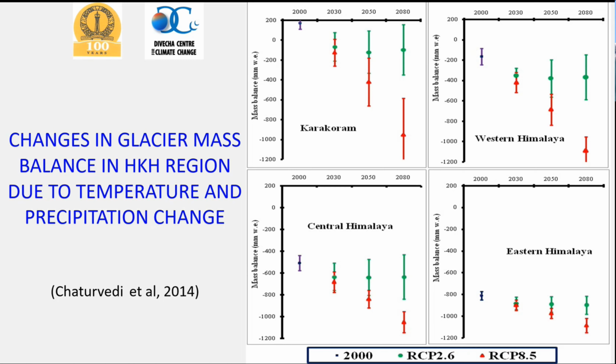And between 2050 and 2080, substantial loss will take place. But if you use RCP 2.6, then the glaciers will stabilize by 2050, and there is no significant change in 2030.